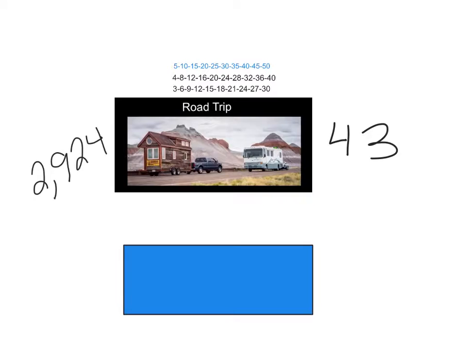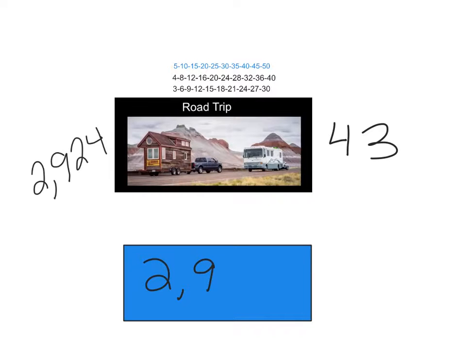So you're going to make an area box right here, and you're going to plug in the 2,924 inside the box, and then you're going to put the 43 right outside the box. So go ahead and pause the video and get that all written, and then when you're ready, hit play and we'll work on through.